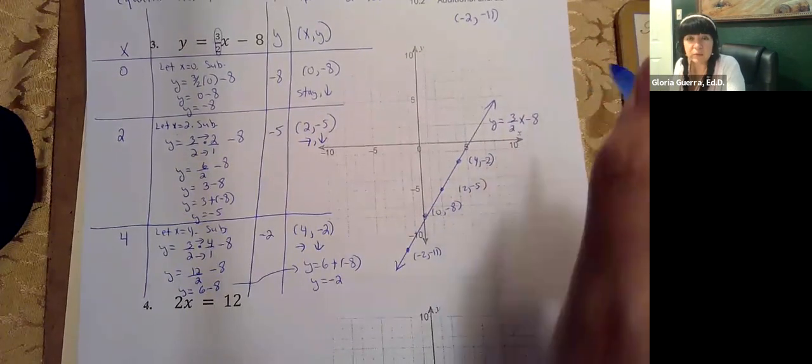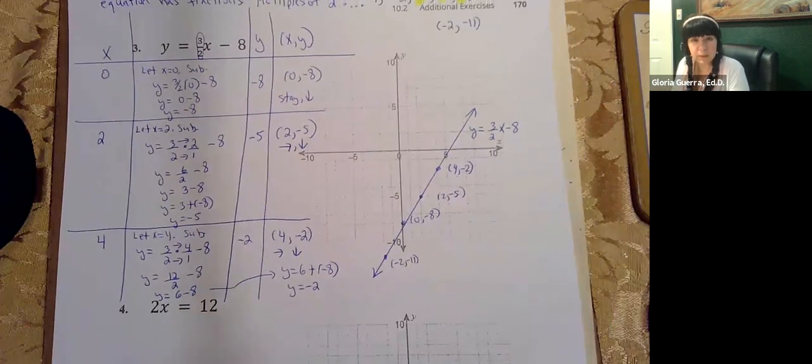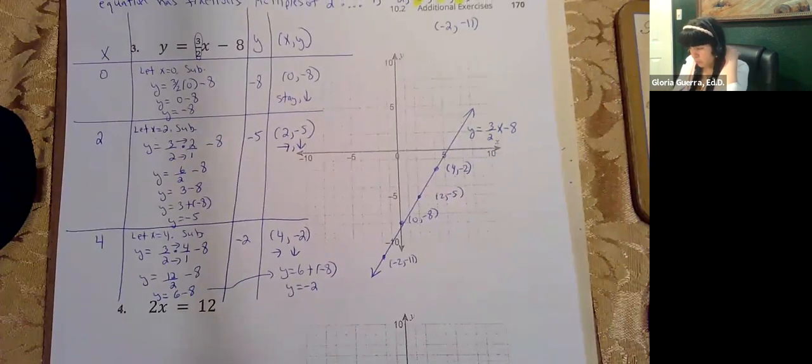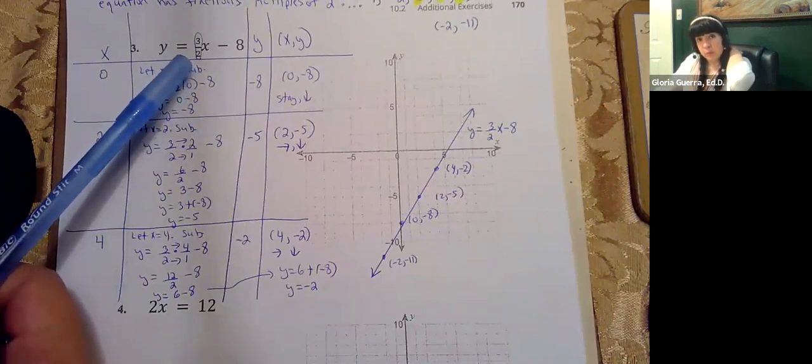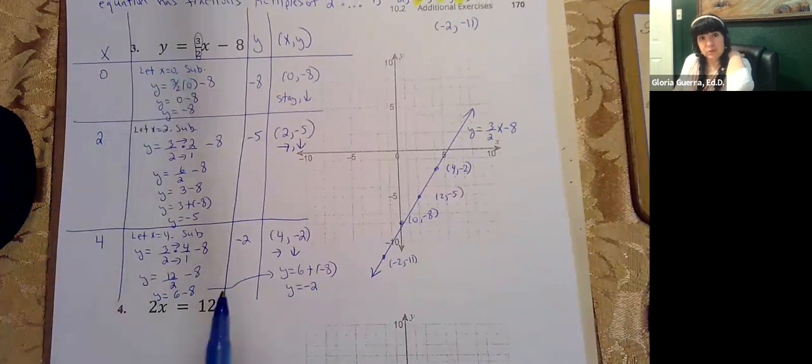That's y is equal to 3/2 x minus 8. That's that. Okay. So just remember when you're graphing lines using a table and you have fractions, always remember, see how the algebra is easier.